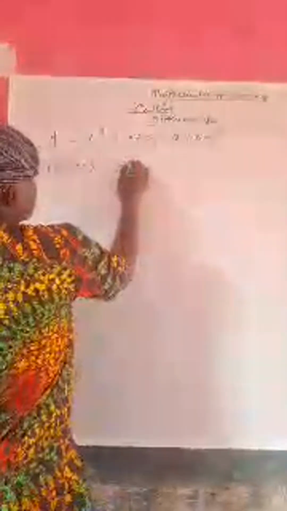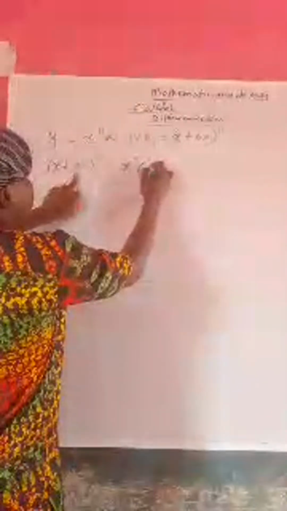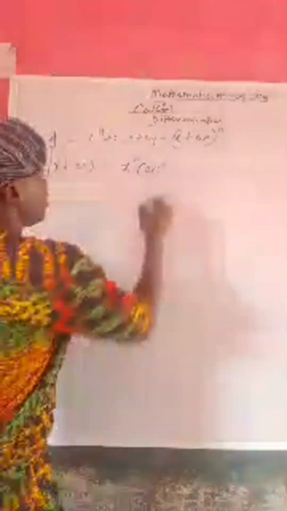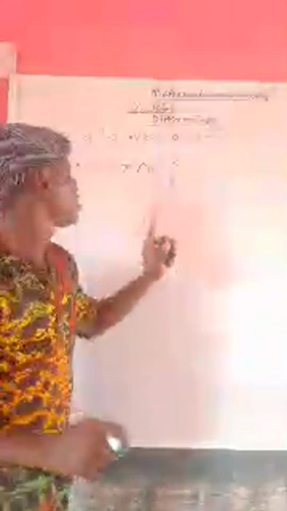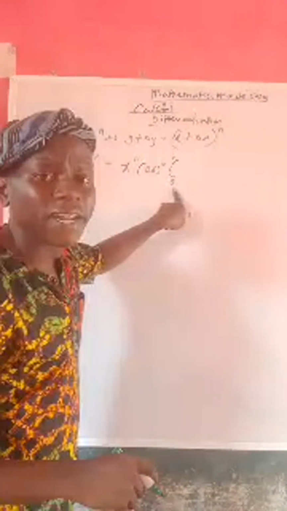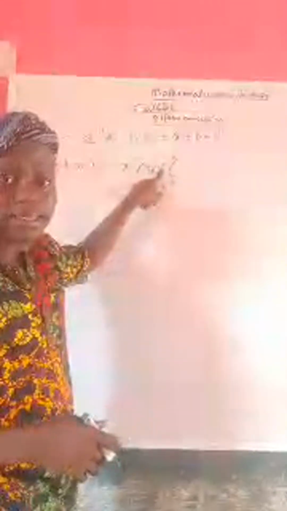We have x raised to the power of n, then change in x raised to the power of 0, then n combination 0. Now, the power of x decreases while the power of increase in x increases.